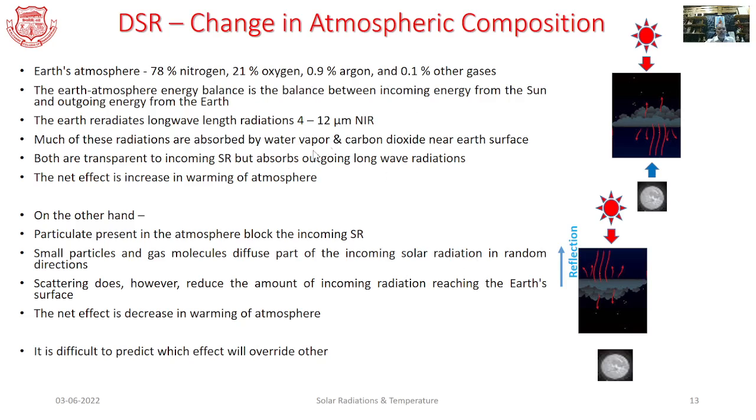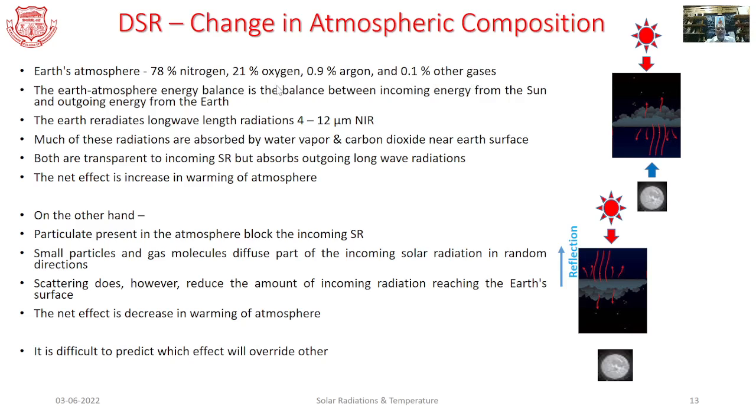The distribution of the solar radiations also changes according to the atmospheric composition. Already we have studied that Earth's atmosphere comprises 78% nitrogen, 21% oxygen, and the presence of certain argon and other gases.